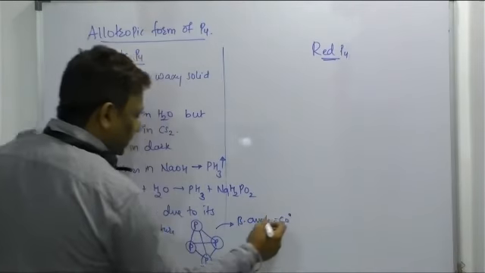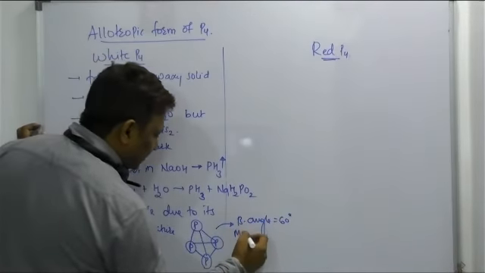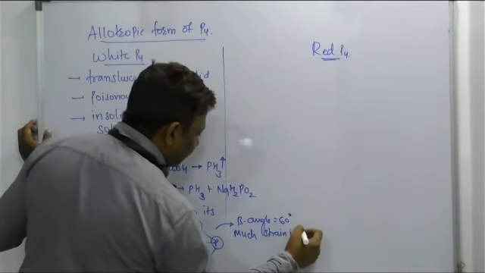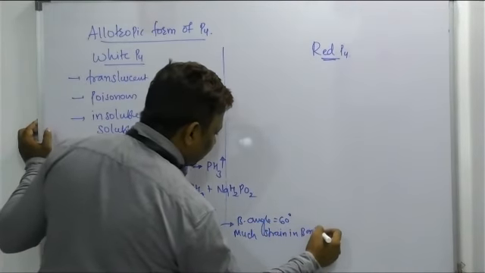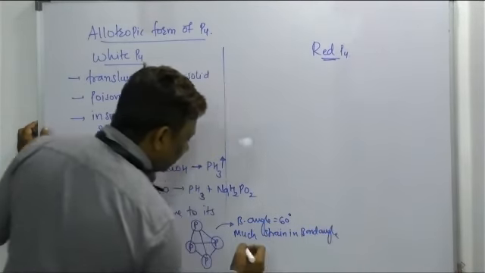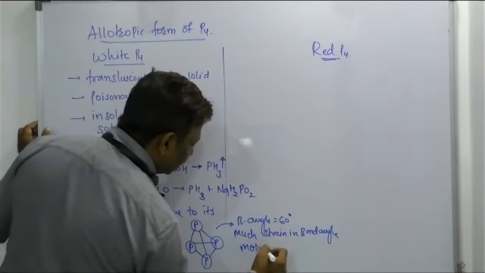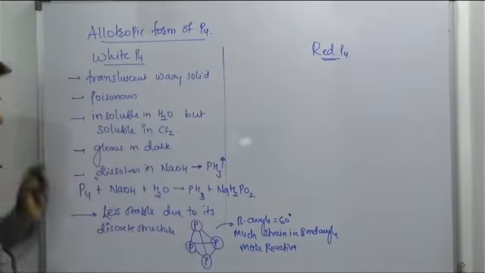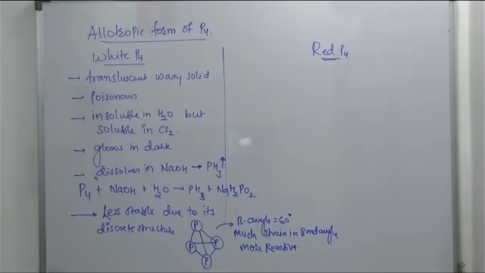A 60° bond angle means there is much strain in the bond angle, which means it is obviously more reactive. Less stable means the compound becomes more reactive. Hence, it becomes more reactive. That is about white phosphorus.